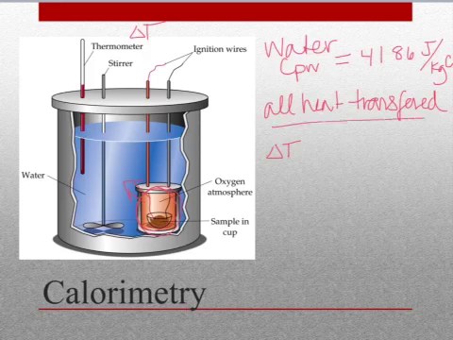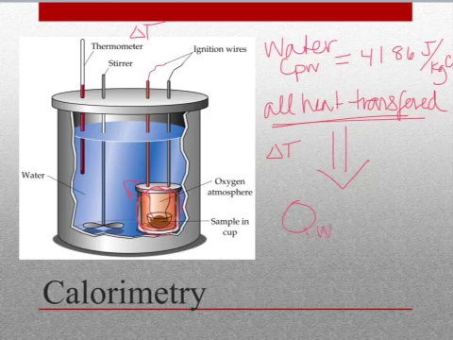If all this heat is transferred, the change in energy of the water, which is a positive change, will be equal to the change in energy of whatever our substance is. So I'm calling it X. This one needs to be negative because it's energy lost, so it's a negative value. And heat is being added to the water, so that will be a positive value.